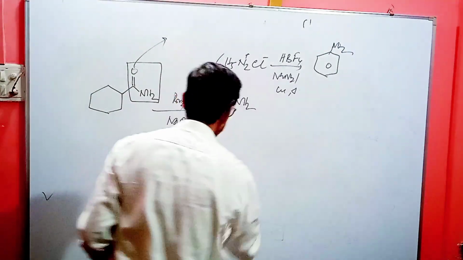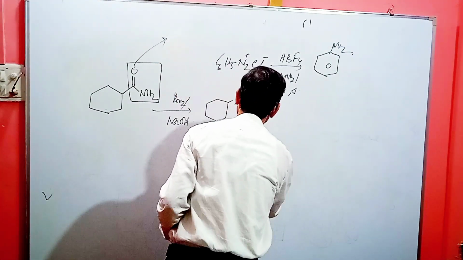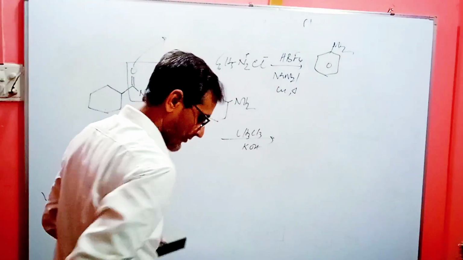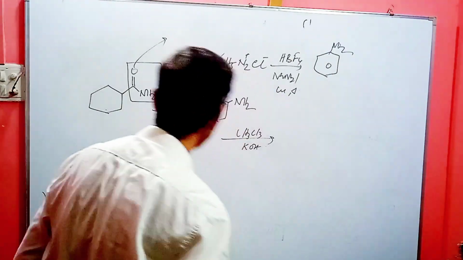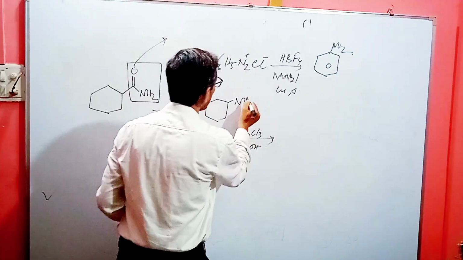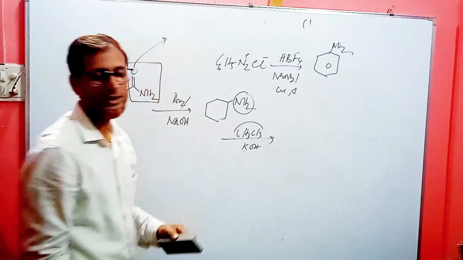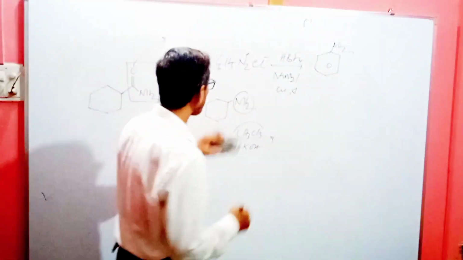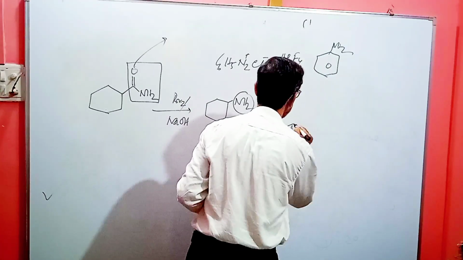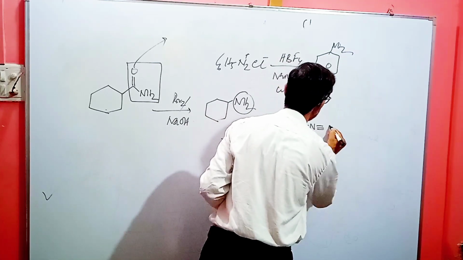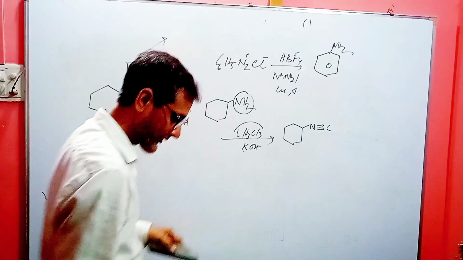And the next part is chloroform and potassium hydroxide. Again, I have shown you that when an amine is there with chloroform, this is the carbylamine reaction, and only that part will become NC, isocyanide, while the other part remains the same.